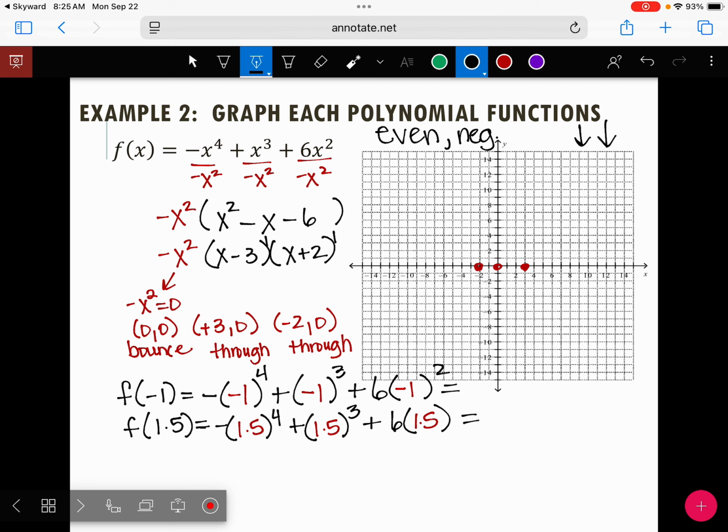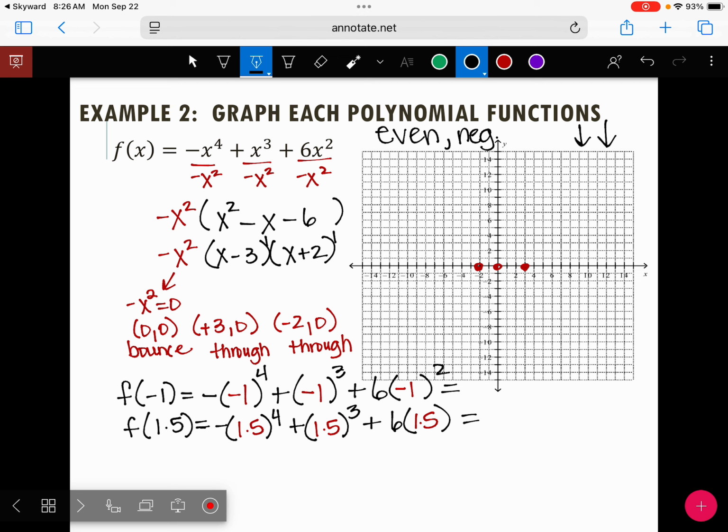See what I got. What did you all get for negative 1?